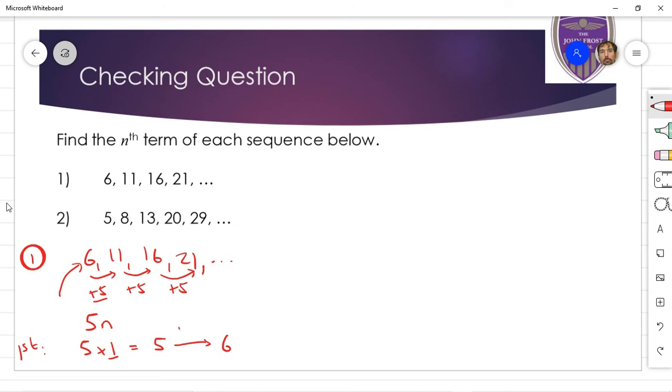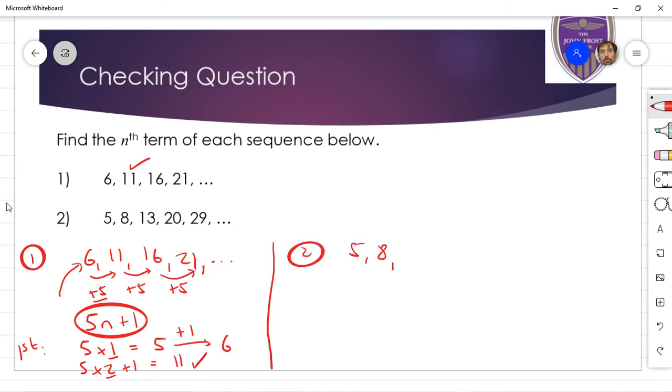Well, it's easy. You add 1. So for this one, the nth term is 5n, add 1. You can always check. If you do 5 times 2, add 1, you do get 11. So you know you're good to go.